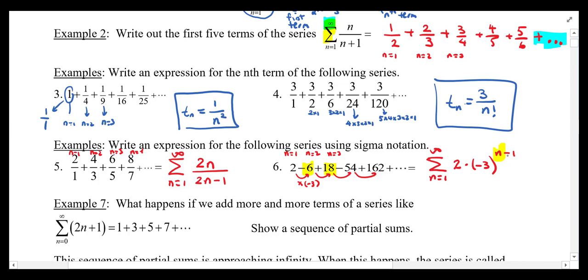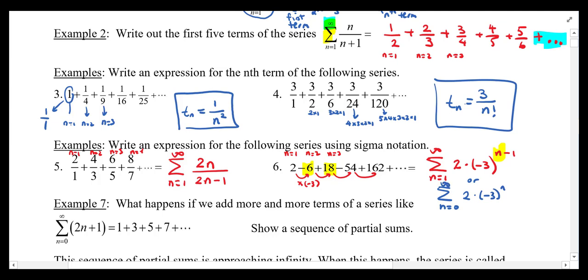Okay? Now, if you didn't really want that n minus 1, you could have written this another way. You could have just said, okay, well, I'll just leave this as n. But if you did that, you shifted it. You went one more, which means you need to shift this down to 0.